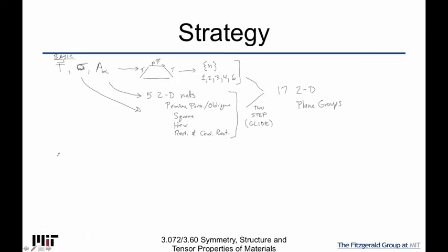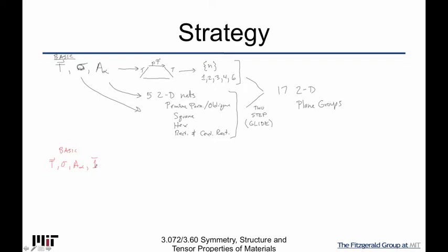So now we're going to essentially go through a very similar idea. So we have our basic, which is going to be T sigma A alpha, but of course now we have inversion.